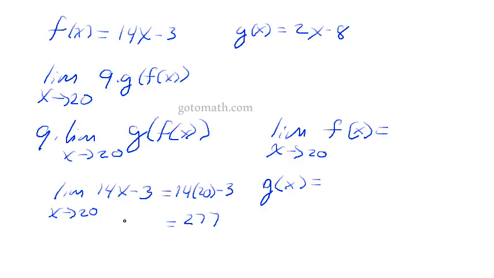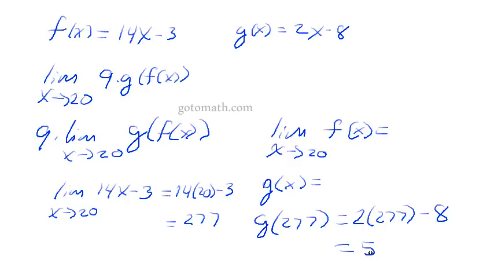Then we take that 277 and plug it into g, so that becomes 2 times 277 minus 8, and we get 546.